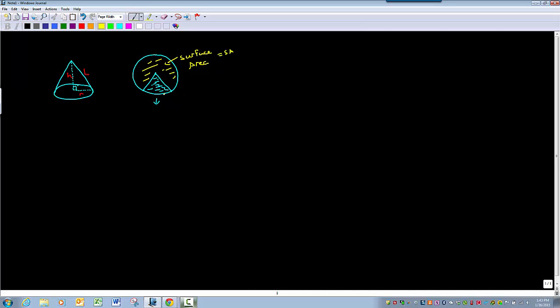Now, what do I know? Well, I know that this circle right here has a radius of L because of the slant height. So this length is L, and of course this length over here is also L. I also know the area of this whole blue thing, the blue plus the yellow, is the area of this larger circle.